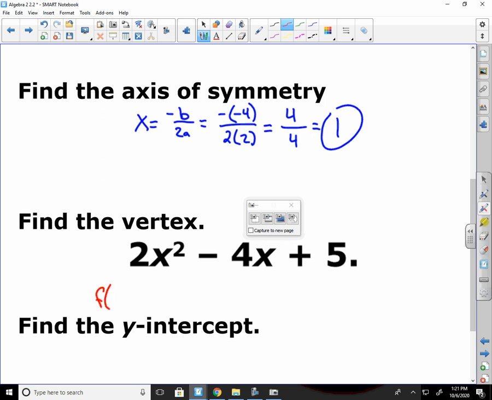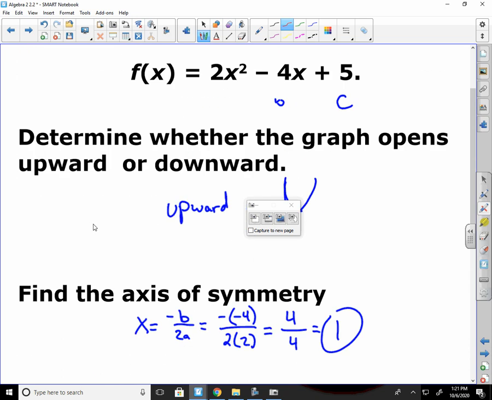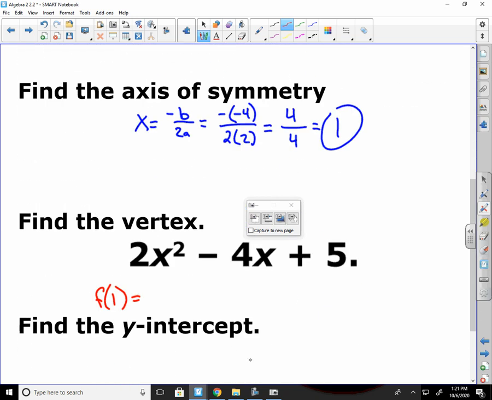So this would be f of 1 equals 2 times 1 squared minus 4 times 1 plus 5. 1 squared is 1, so you do 2 times 1 minus 4 times 1, so minus 4 plus 5. 2 minus 4 is negative 2, plus 5 is 3, so that's the y value of my vertex.